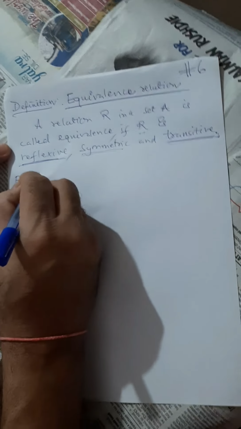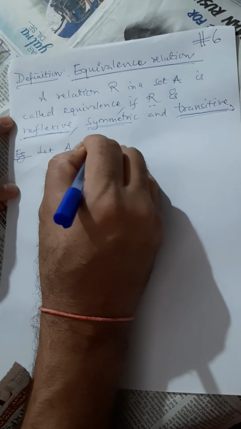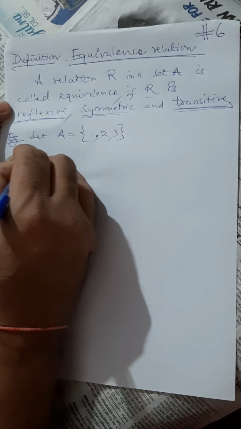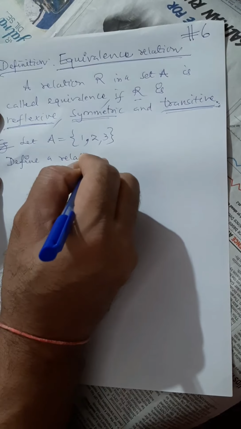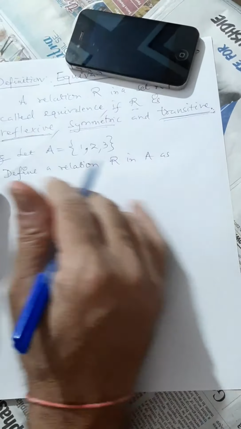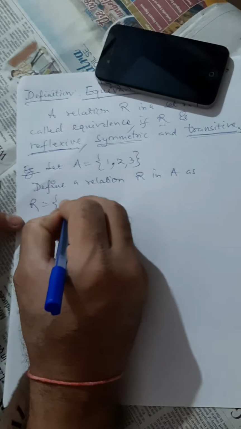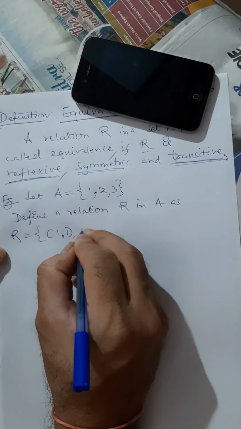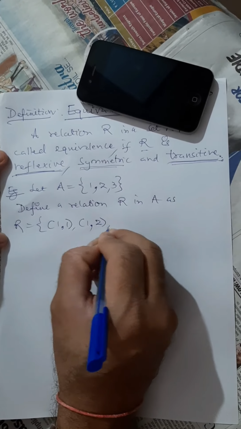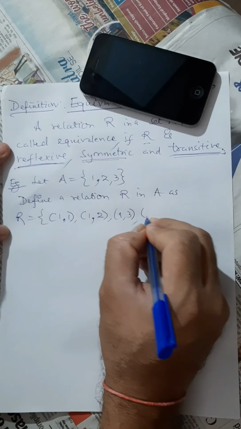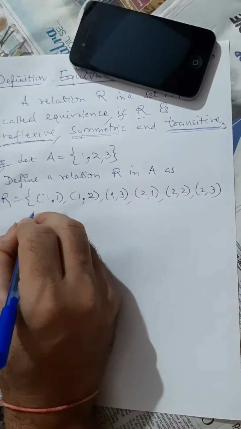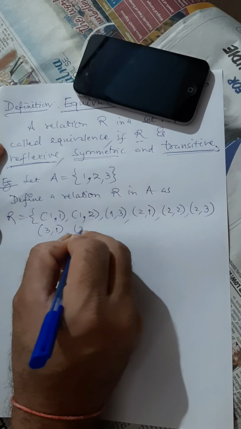For example, let's take A equals 1, 2, 3, three members. Define a relation R in A as R equals 1, 1, then 1, 2, 1, 3, then 2, 1, 2, 2, 2, 3, then 3, 1, 3, 2, 3, 3.